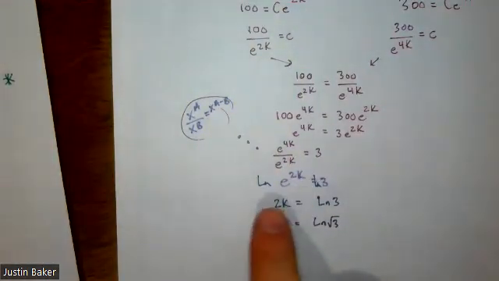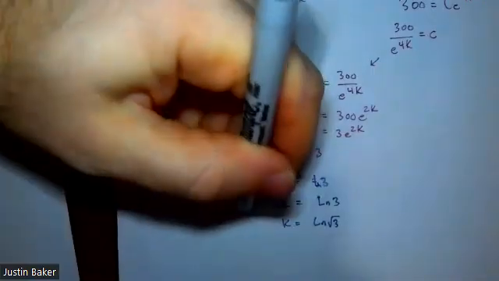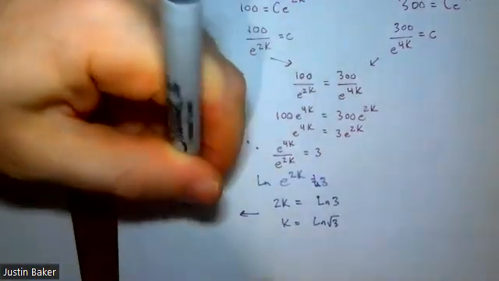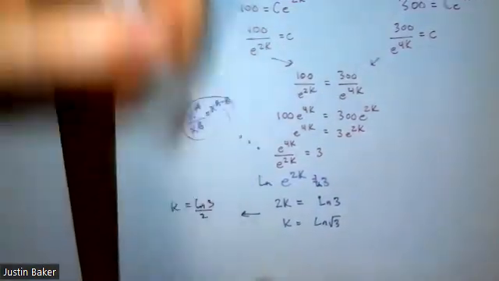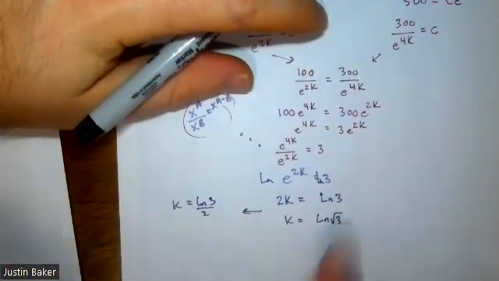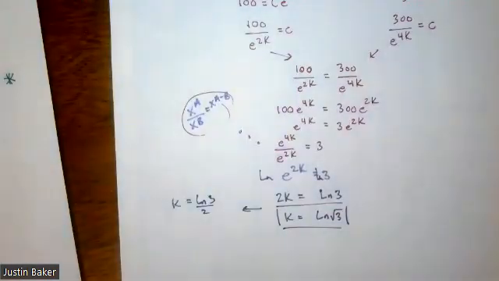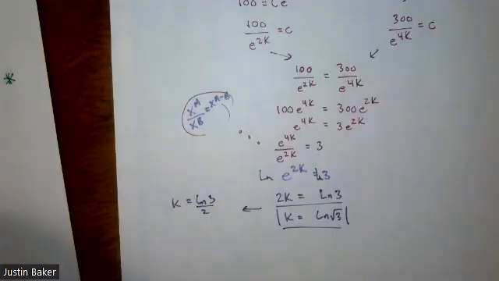Because that's really a half out front, which turns that to a square root. If that step doesn't make sense, k is equal to natural log of 3 over 2, which is a half natural log 3, which makes that square root of 3. Okay, so now you know that k is equal to natural log of the square root of 3.